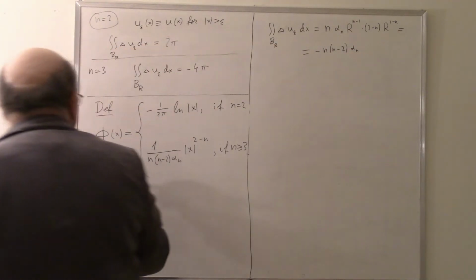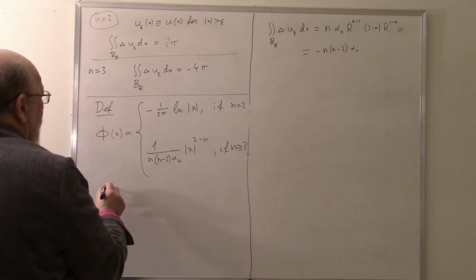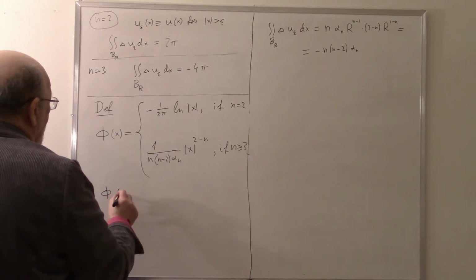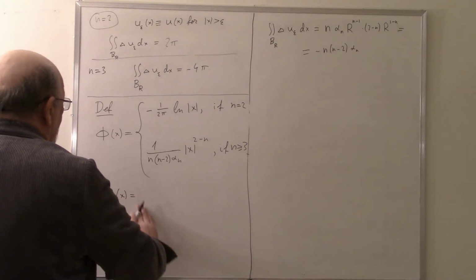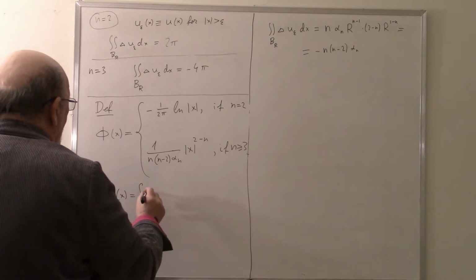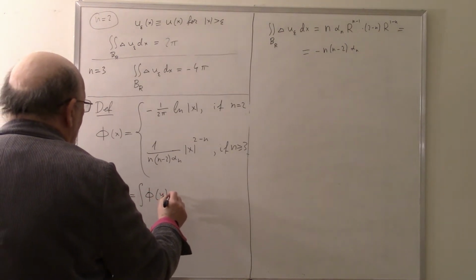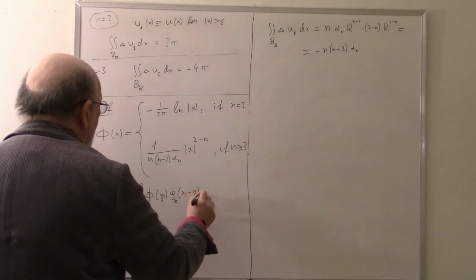So phi epsilon of x equals integral phi of y phi small epsilon of x minus y dy.